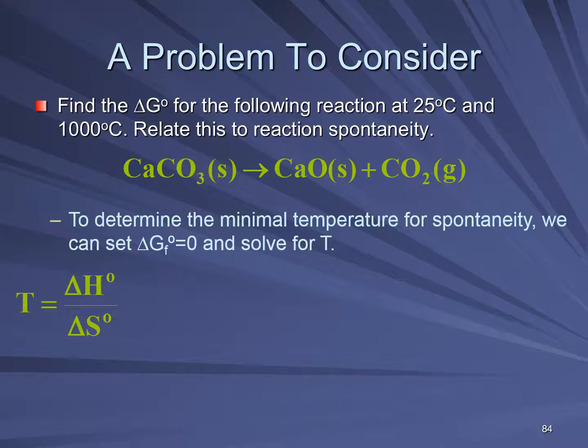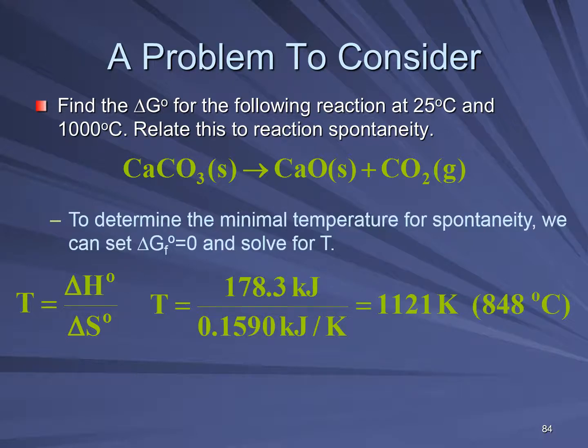So if we rearrange the equation, delta H minus T delta S equals 0. Now we bring T delta S over to one side and divide both sides by delta S. We find this equation: the temperature equals delta H over delta S when delta G equals 0 will give us the temperature at the changeover.